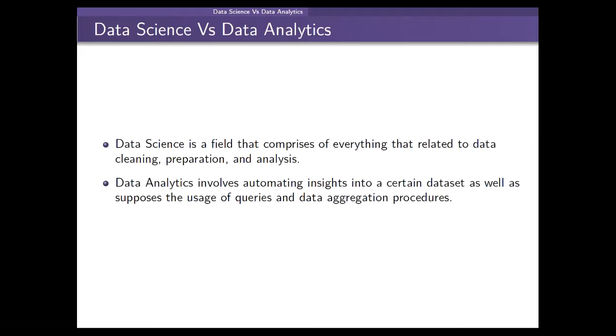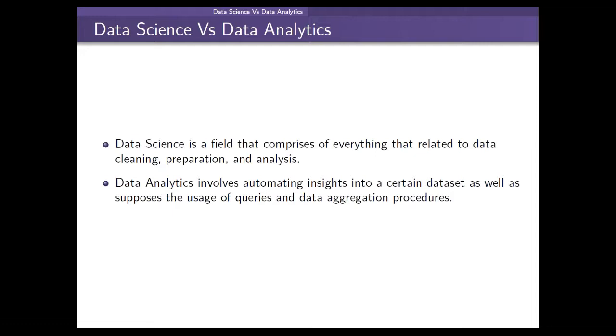Then what is the difference between data science and data analytics? Data science is a multidisciplinary field, which means it comprises areas such as computer science, software engineering, and statistics. All this knowledge is required for data science. It is concerned with the cleaning, preparation, and analysis of data.